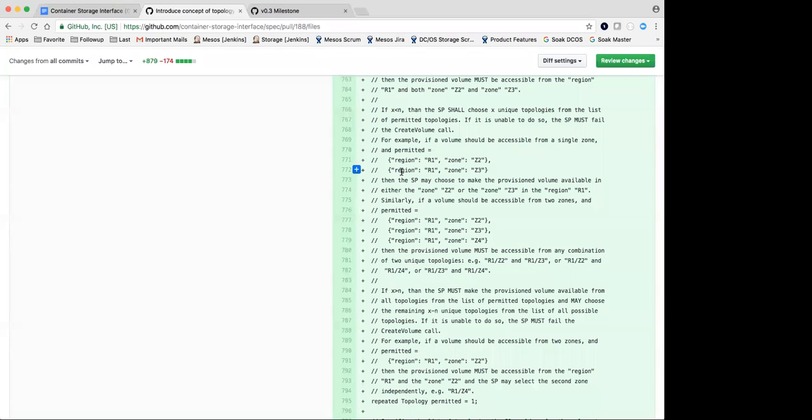Well, so I guess that's maybe part of the challenge, is that we want to allow the CO to be able to construct this. On the Kubernetes side, we want to make the scheduler smart enough that it can make the decision on behalf of the end user, so the end user doesn't have to make it. But then these are no longer opaque things if you want the scheduler to understand.